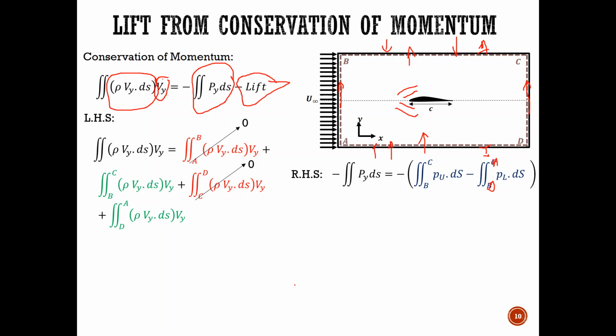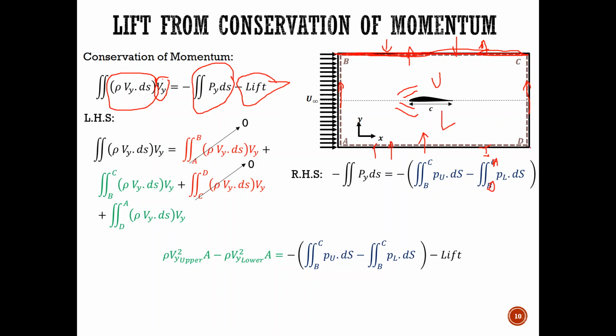So moving forward, we can assume that rho Vy upper squared, the V goes inside, and the A becomes the area of the test section on the length BC. And then the same goes for the lower surface. Say this is upper and this is lower. It's the same expression for the lower surface. So rho Vy upper squared times A minus rho Vy lower squared times A equals the pressure difference, right?